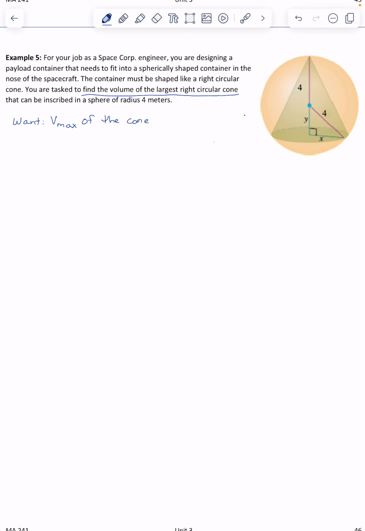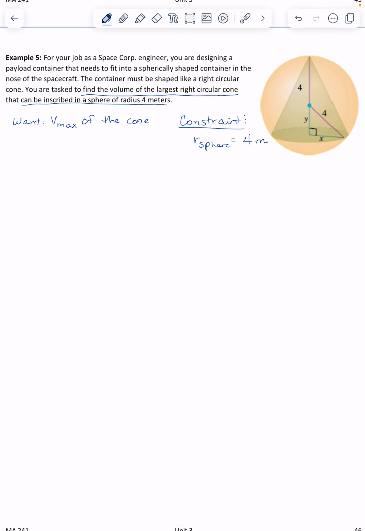And I want it to be able to be inscribed into a sphere having a radius of 4 meters. So what I have is a constraint. I can't have a sphere that has a radius bigger than 4 meters. So my constraint here is that the radius of our sphere is equal to 4 meters. I'm just going to write that down so I have an idea about that.